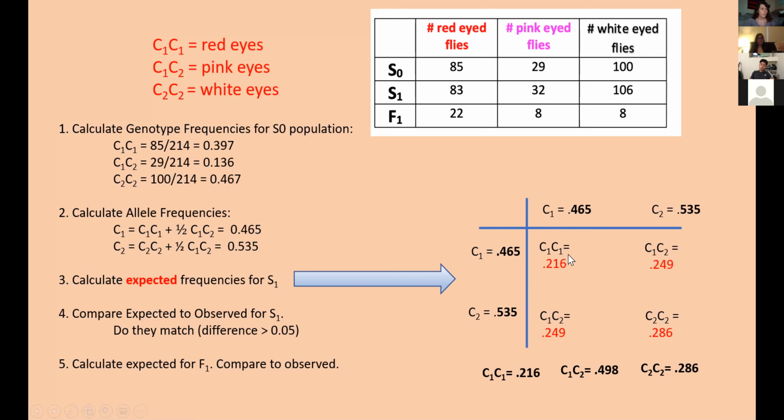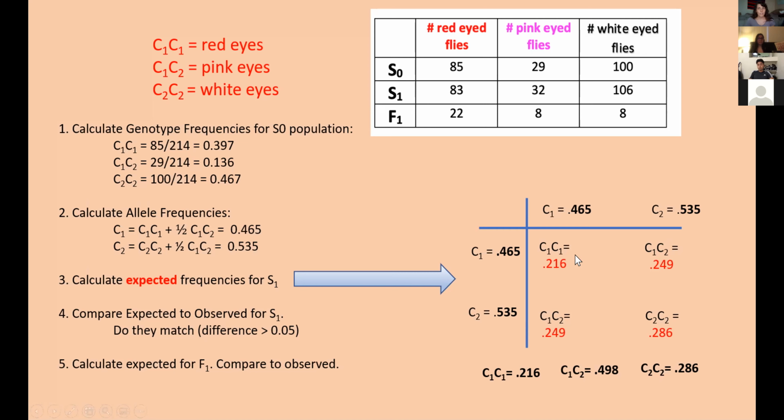So C1 times C1, C1 times C2, C2 times C2, and then C2 times C1. Okay. Any questions on that so far? We're doing great. We've multiplied all this stuff out. Now we just have to throw it all together to get our expected genotype frequencies for that S1 generation.